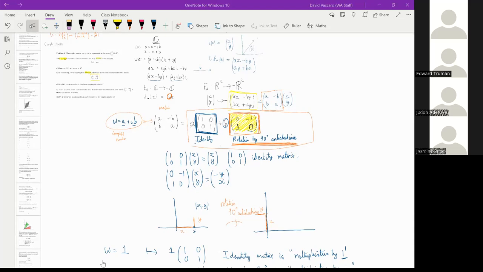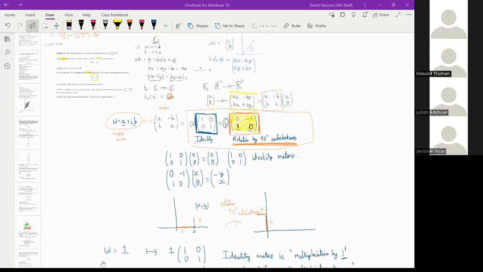Does anyone know the adjective that describes that notion of sameness? If not, then you're going to learn a new word for the day. Okay, the word of the day is isomorphism. So we say that they're isomorphic. So it basically means they've got the same algebra.